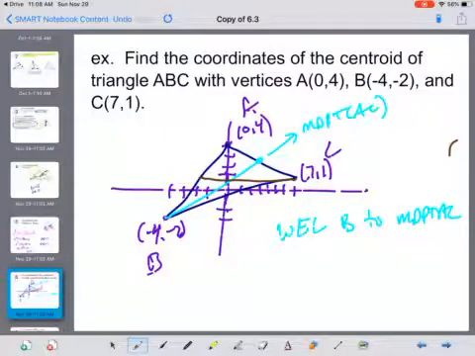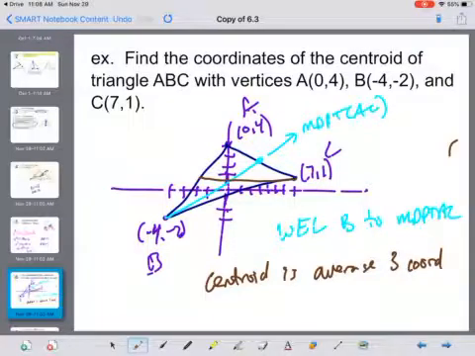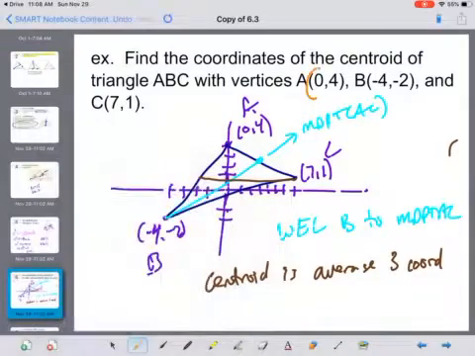Another thing that you can do, the centroid is always the average of the 3 coordinates. So, in this case, my x values are, if you remember this shortcut, 0, -4, and 7.